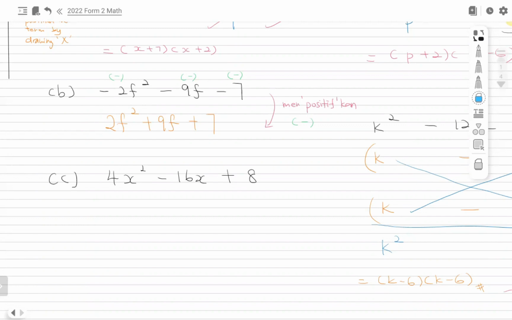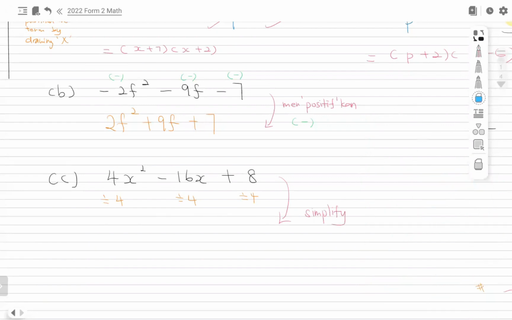Okay, so divided by 4, divided by 4, divided by 4. In this case, we must simplify. Then you write the answer there. It becomes x squared minus 4x plus 2. Then only we proceed.